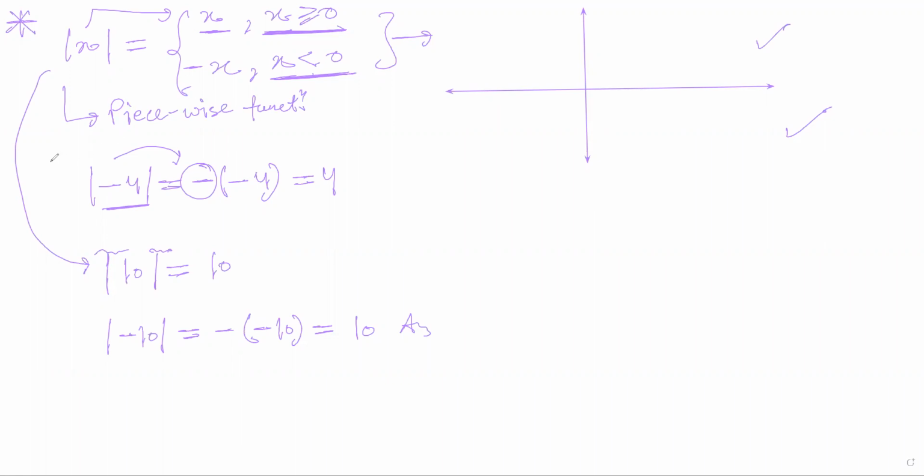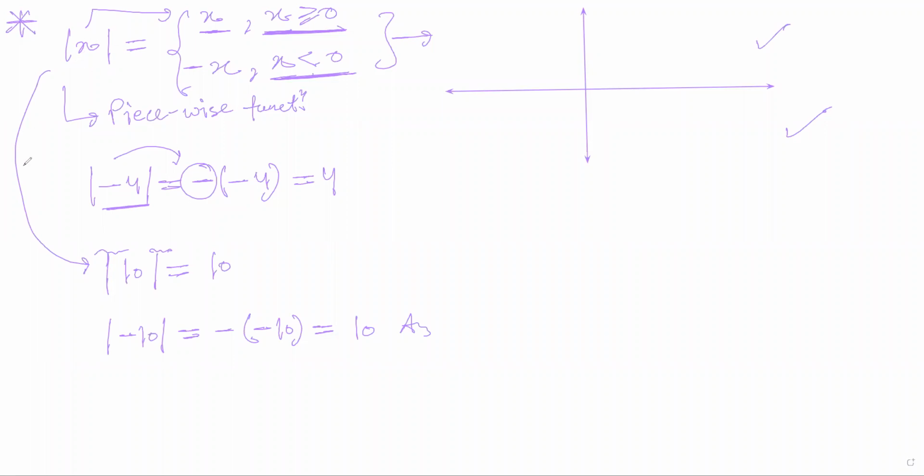These functions are not the same for all the values of x. They change. They depend on the values of x. So for mod x, this depends on whether x is positive or x is negative.